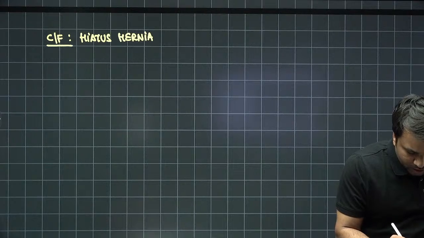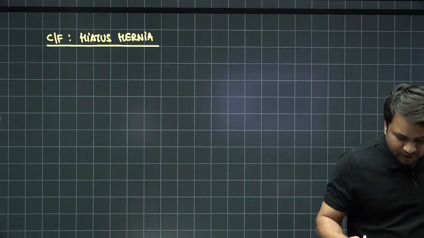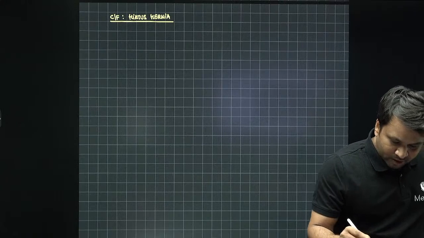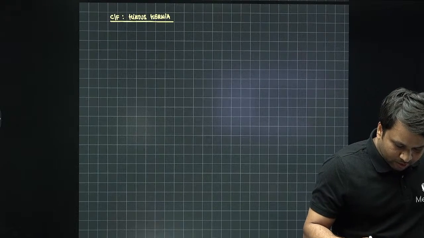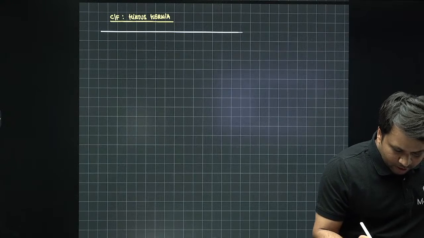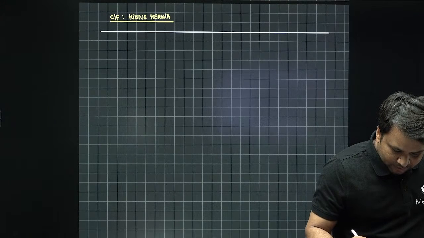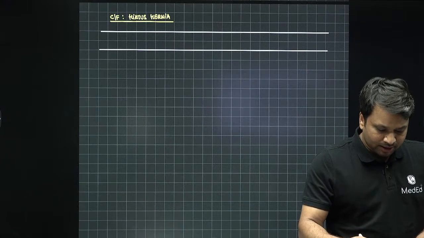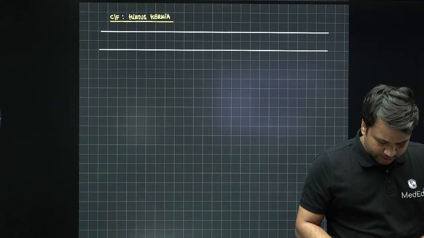Now, in order to understand all the features of hiatus hernia, we are going to do a comparative study, right? In the comparative study, we'll be talking about all the 4 varieties of the hernias, type 1 to type 4, and how they present to us, right?